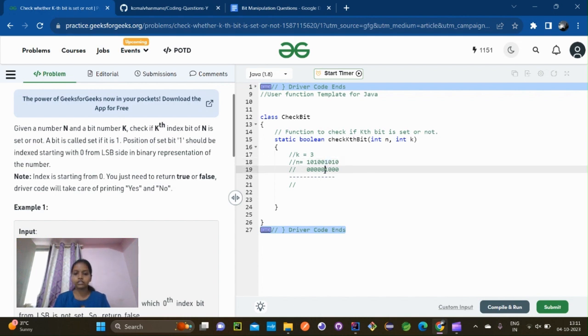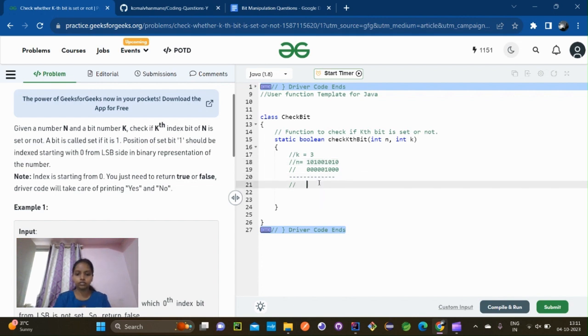So if we do AND of these two, if the output we get is 1, that means in the initial number which is given, it is a set bit at the kth position, because 1 and 1 will be 1.